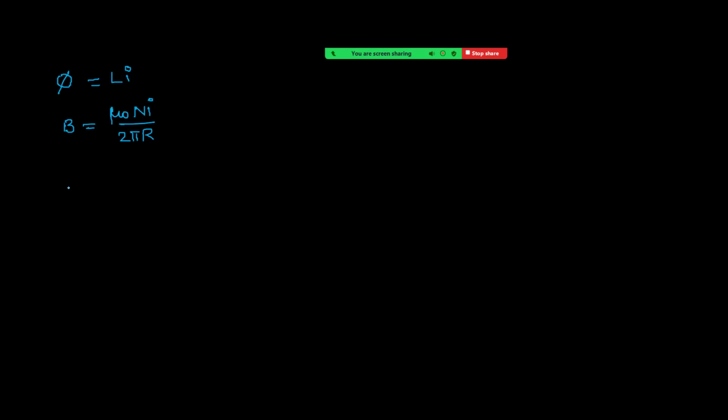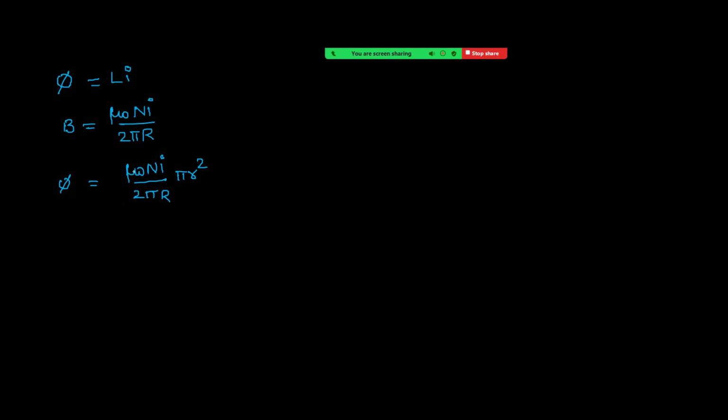Now multiply this. So flux equals B, which is mu naught N i by 2 pi R, where N stands for the number of turns, into the area. The area is pi r square, the area of the coil. This is the flux through each turn.